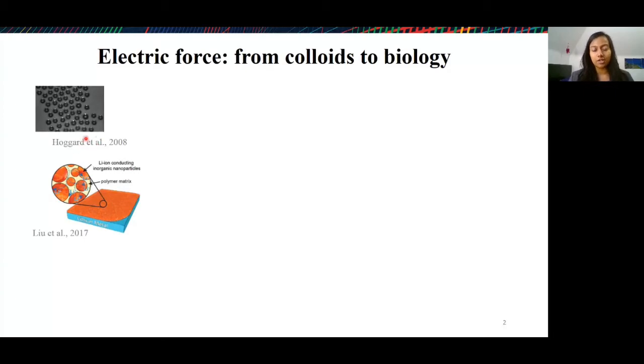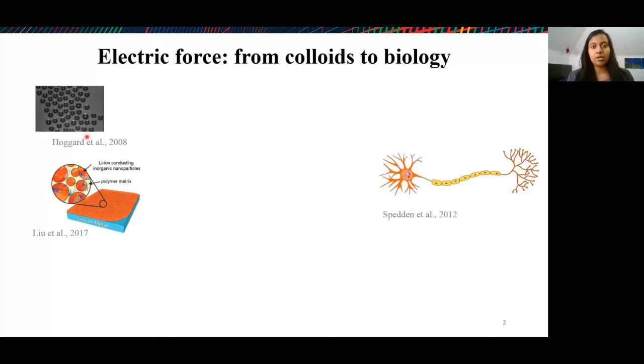You can also think of colloidal systems where you have charged colloidal particles suspended in an electrolyte medium. In colloidal systems, the force of interaction between two colloidal particles determines the stability of these colloidal suspensions. So it's important to understand the nature of the force between colloidal particles.